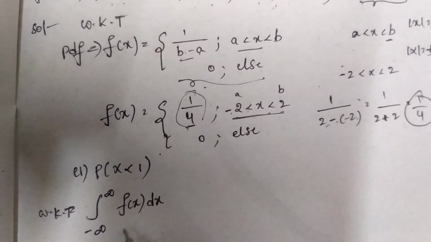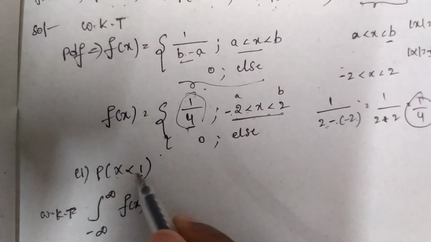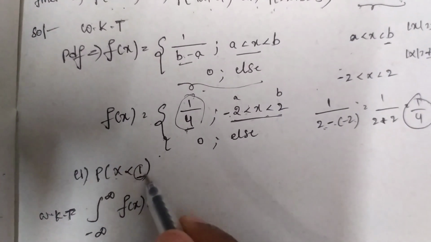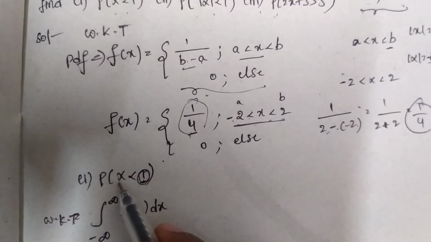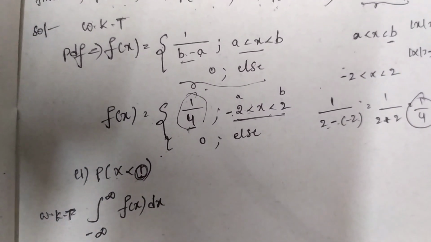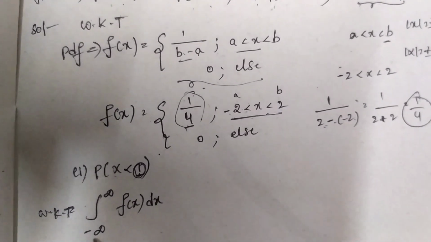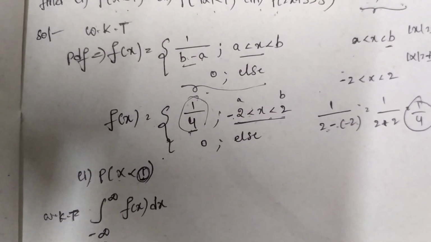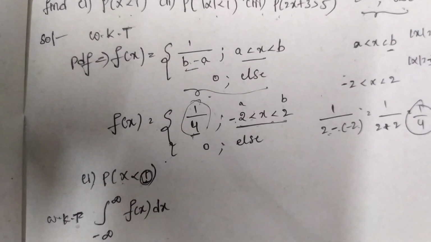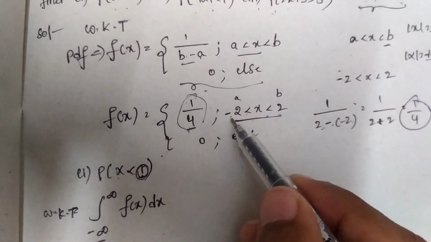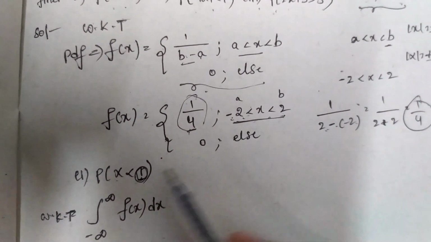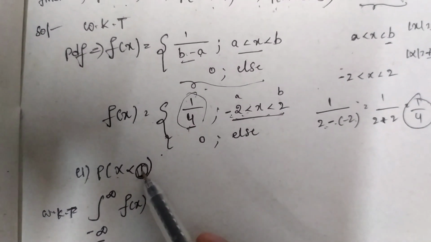Here the given value is x less than 1, that is, we have to start from 1 and go less than x. That means in the place of minus infinity we have to substitute the value minus 2, because we have the condition in between minus 2 to plus 2. So here we are asking only for less than 1.